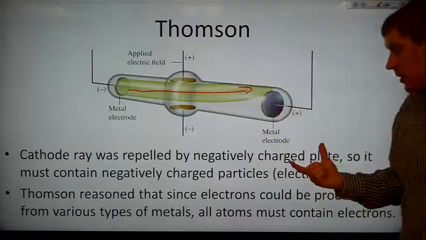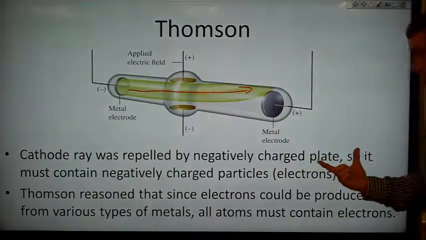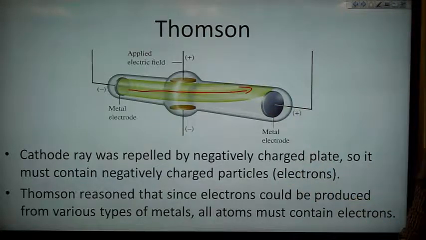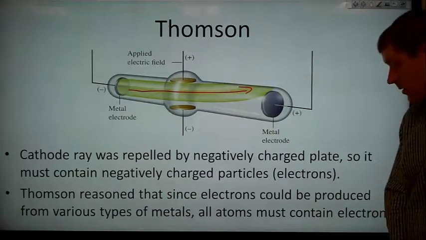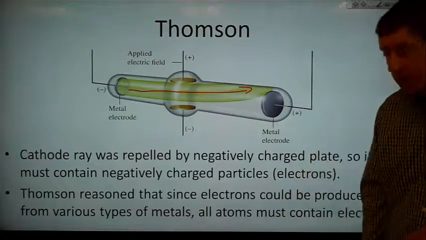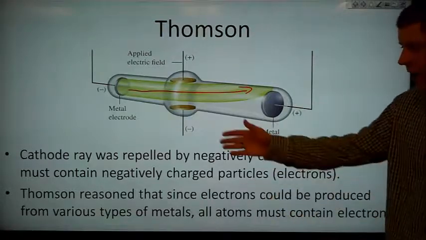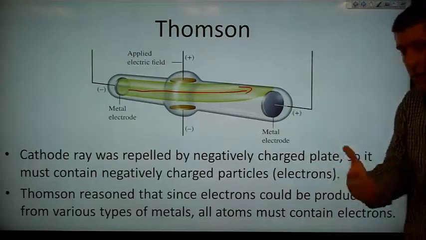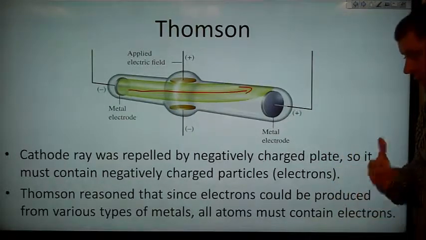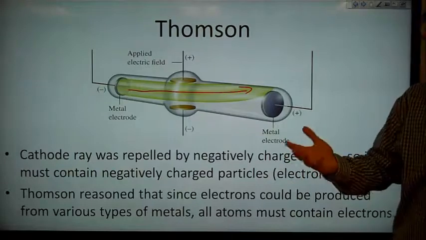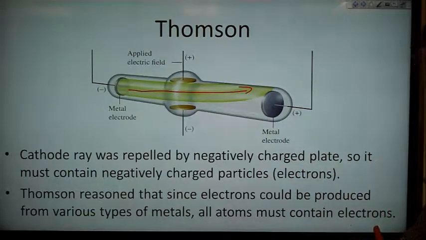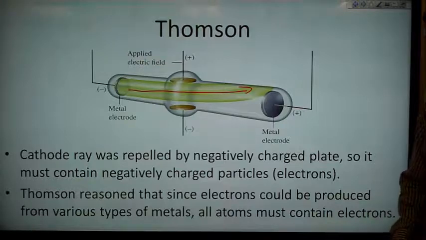So he was able to say, well, this means that these cathode rays must contain negatively charged particles, and then we go on to call them electrons. And Thomson reasoned that since the electrons could be produced from various types of metals, that means that all of these metals, and probably all atoms, even nonmetals, must contain these electrons, these negatively charged particles.